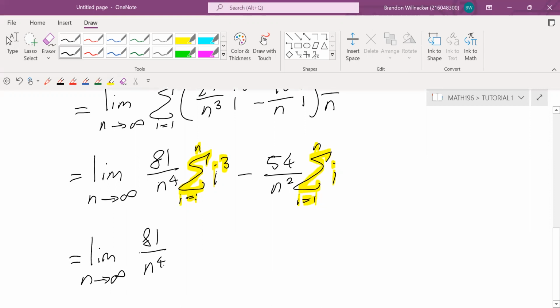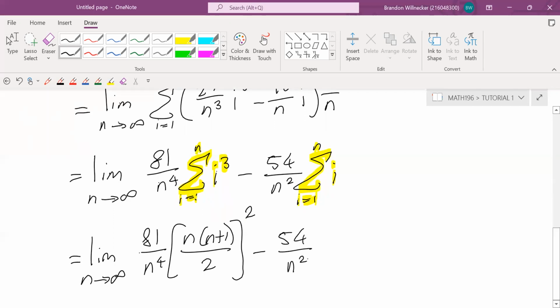Okay, how else can we write the sum of r cubed? Well, we can write it as n plus 1 over 2, but all of this squared, minus 54 over n squared. And then how else can we write the sum of r? Well, we can write it as n plus 1 over 2.